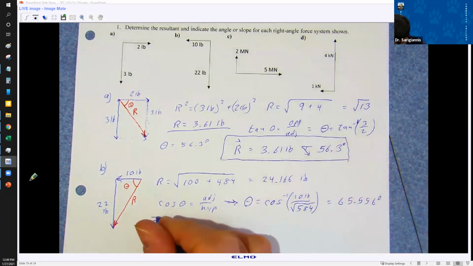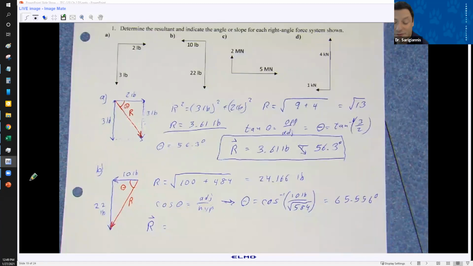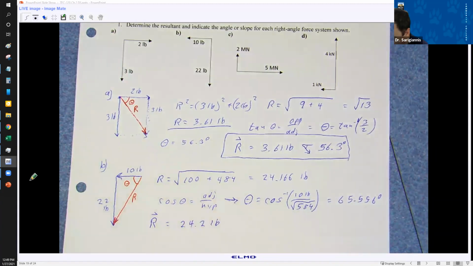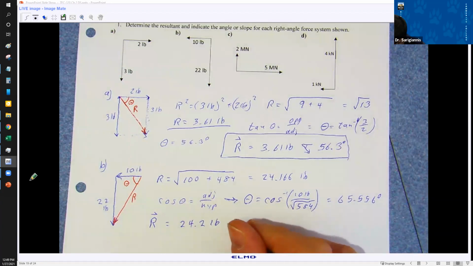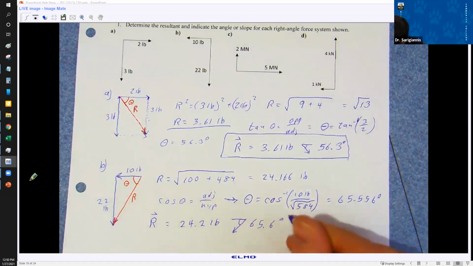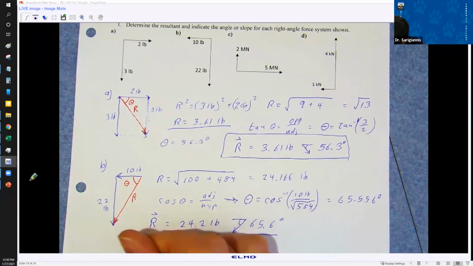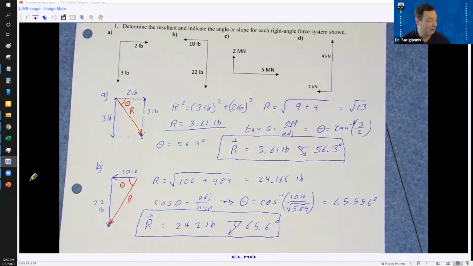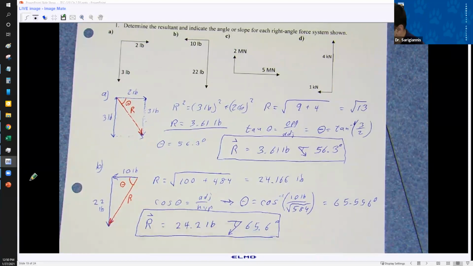So let's write this out. The resultant is, oh, wait, just in time here, 24.2 pounds, right? So I'm rounding now. And it's acting at 65.6 degrees below the horizontal in the negative, this is basically the negative x and negative y direction.